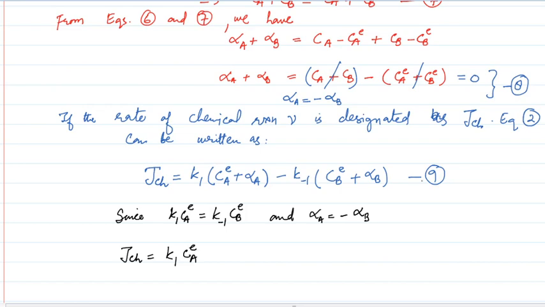We are just giving this K1 back to these terms. So we will write these as Ca equilibrium plus K1 alpha A minus K minus 1. Now give this back to this and this, you will get Cb equilibrium minus K minus 1 alpha B.